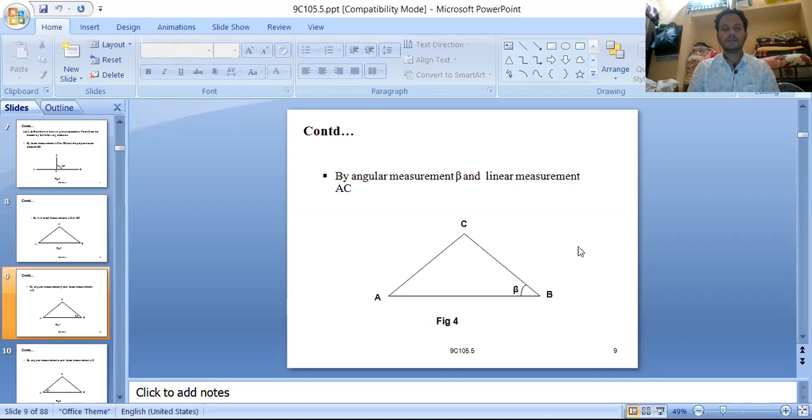So in these three ways we can locate a new point with respect to already known points.